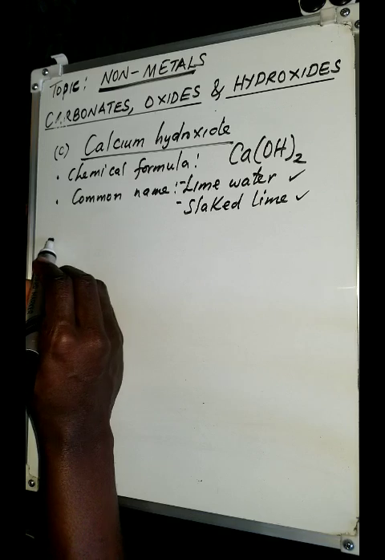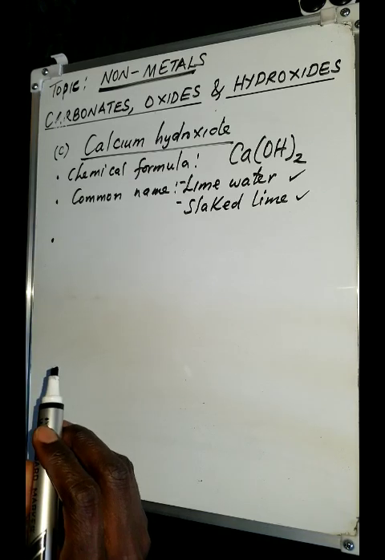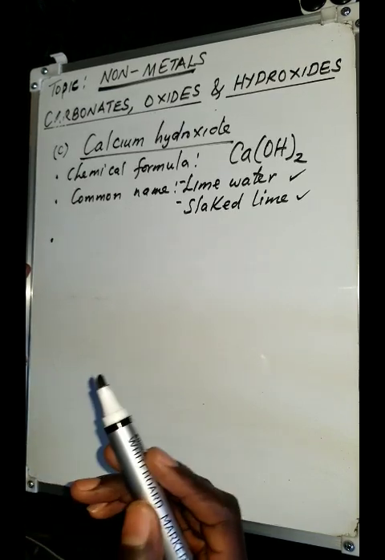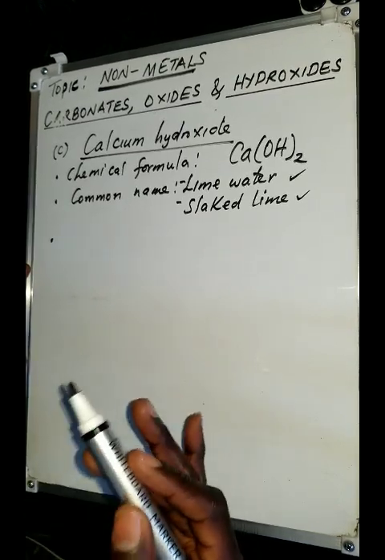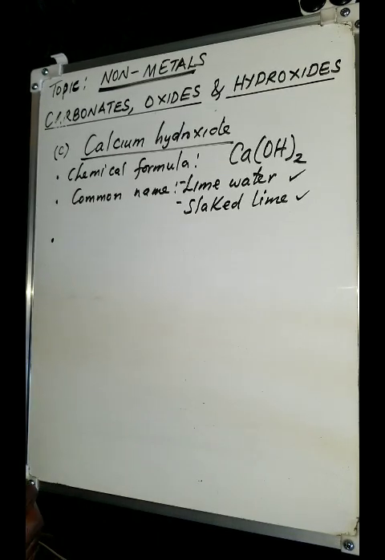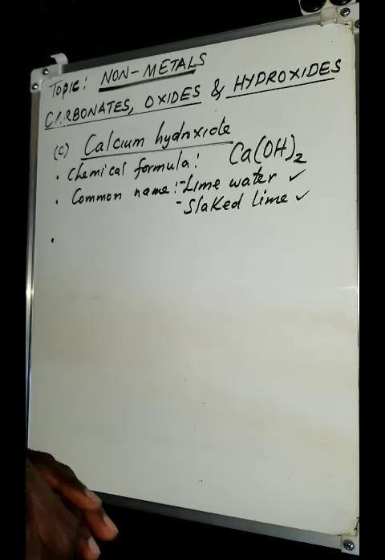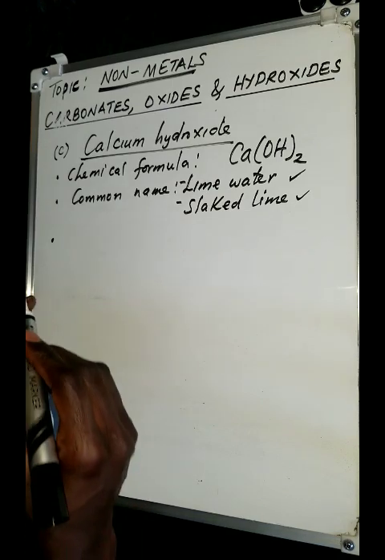Now, an important aspect that you need to remember about calcium hydroxide is that it is the one that turns milky or cloudy when carbon dioxide is passed through it. Why? Because a white precipitate or suspension called calcium carbonate is formed.